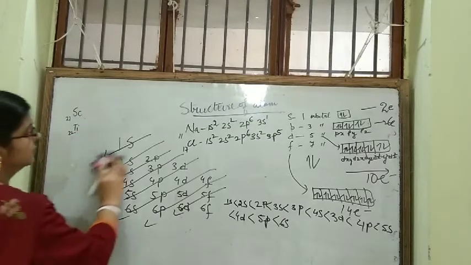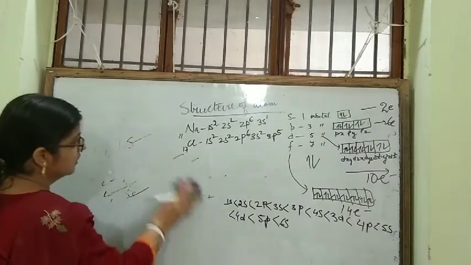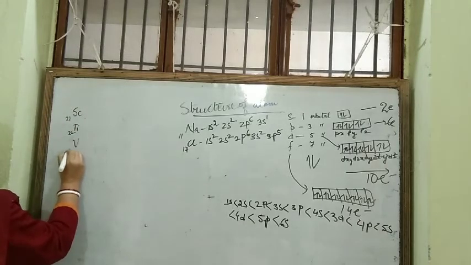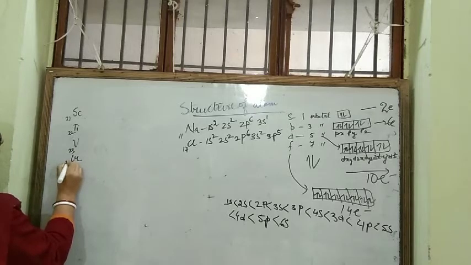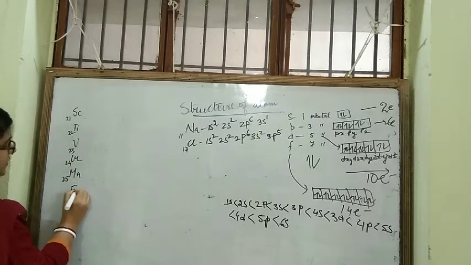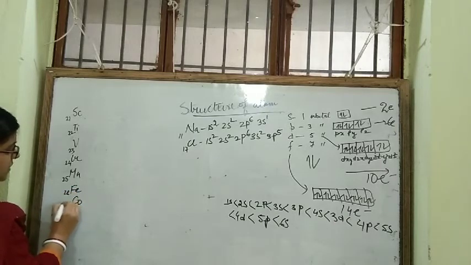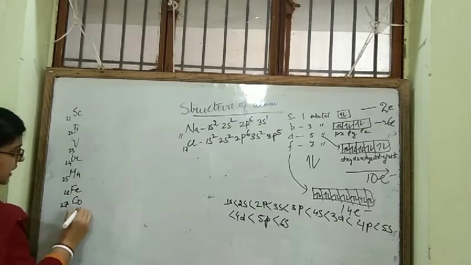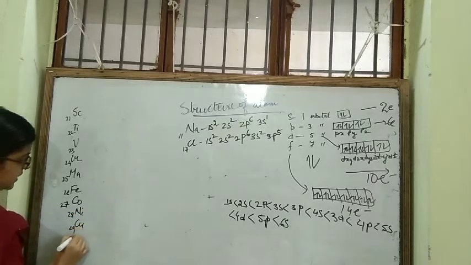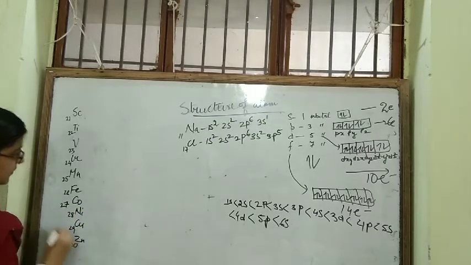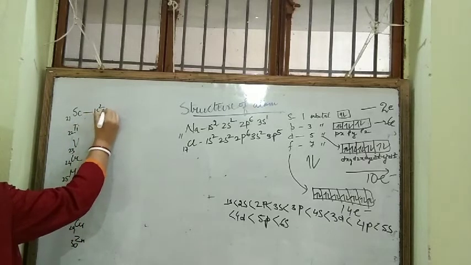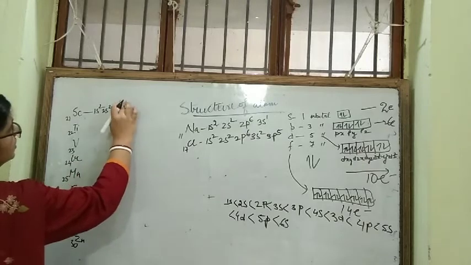Titanium 22, vanadium 23, chromium 24, manganese 25, iron 26, cobalt 27, nickel 28, copper 29, zinc 30.